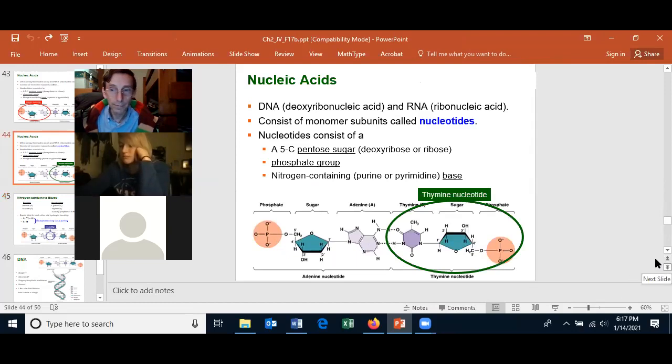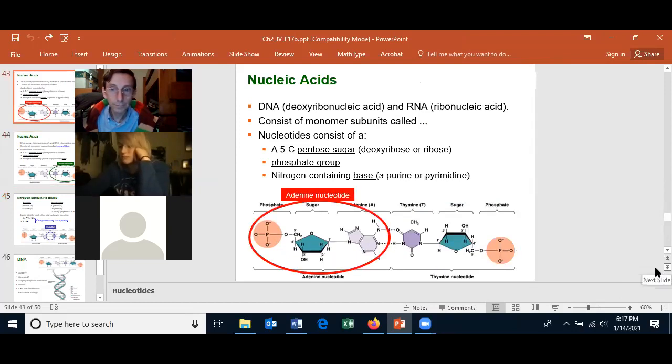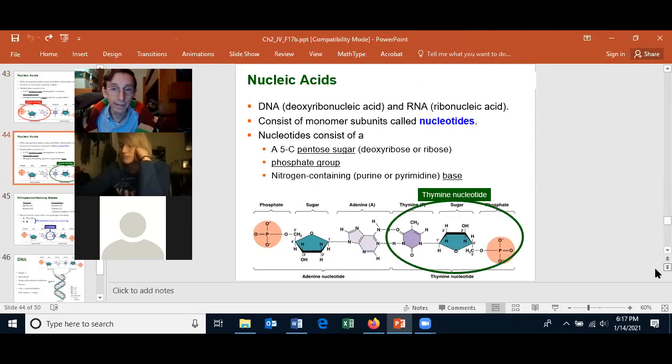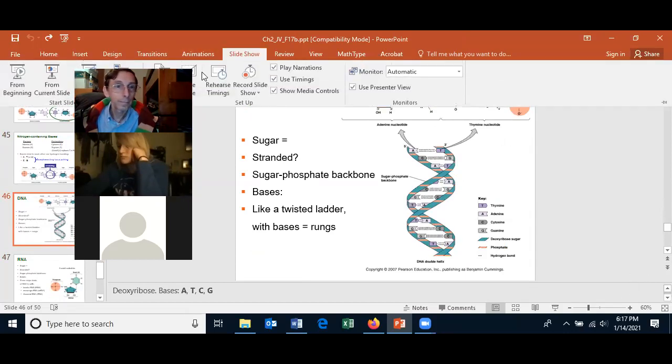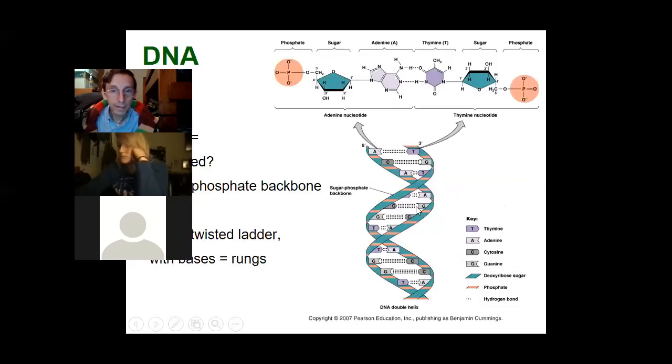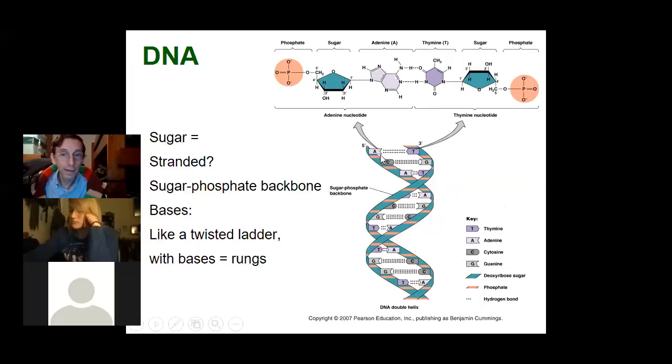We don't show that. So GC has three hydrogen bonds between that nucleotide link, and AT has two hydrogen bonds between the nucleotide nitrogen-containing bases.